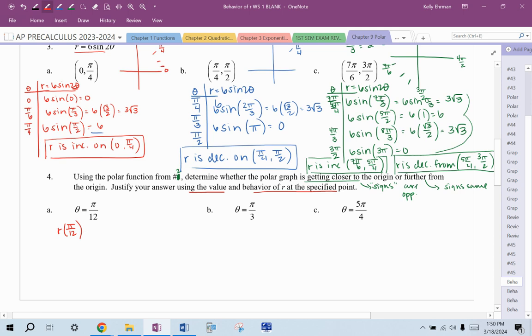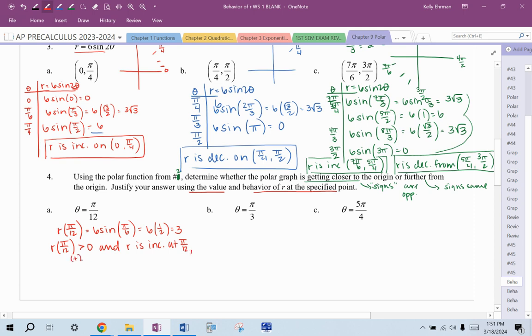So 6 times the sine of 2 pi over 12, which is pi over 6, so that's 6 times 1/2. So that's 3. So the important part is that r of pi over 12 is greater than 0. And because pi over 12 is on this interval, I can say r is increasing at pi over 12.